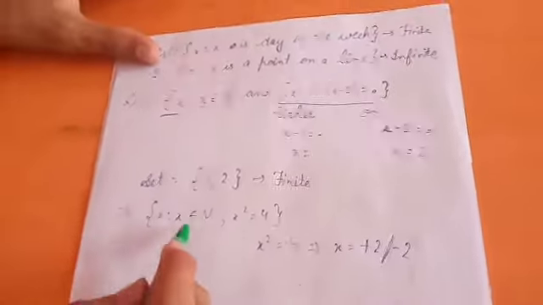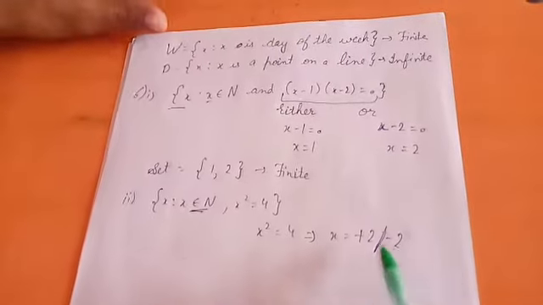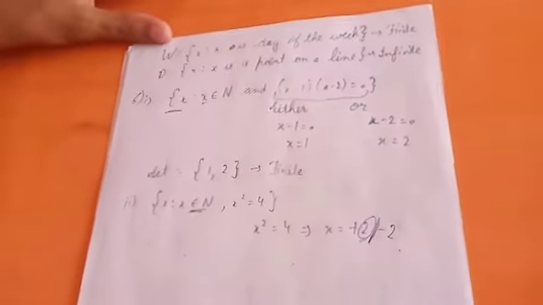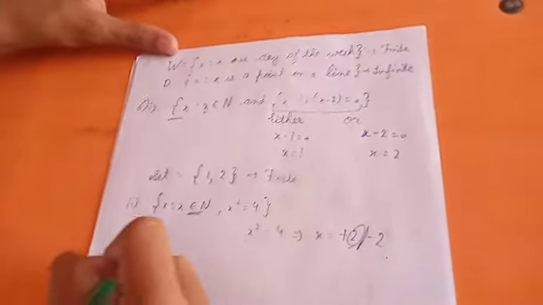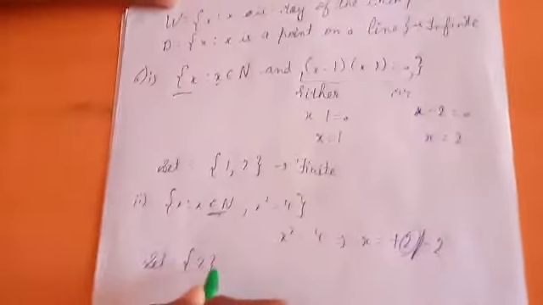Okay, either of them. But our x belongs to N, a natural number. And which of these two is a natural number? 2. Okay, so our set is consisting only one element, that is 2.